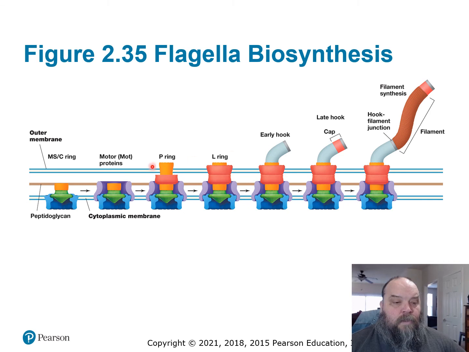So you start with building the C ring, the MS ring, and then proteins get transported to the periplasm, and then you start to get more and more of the rings, the motor proteins, then the P ring, the L ring in the outer membrane, and then transport through the outer membrane to get the hook proteins, a cap that's going to connect the flagellin to the hook, and then the cells just continue to add on new flagellin proteins to extend the length of the filament.